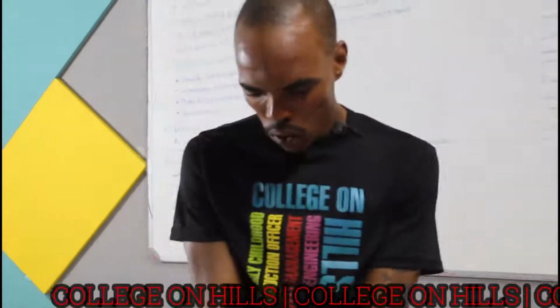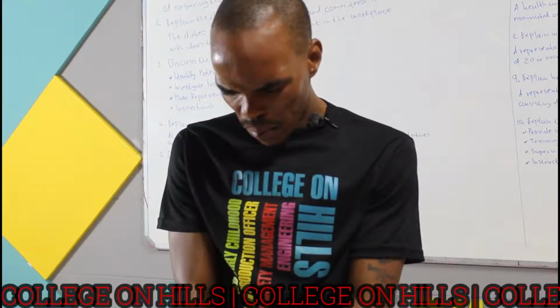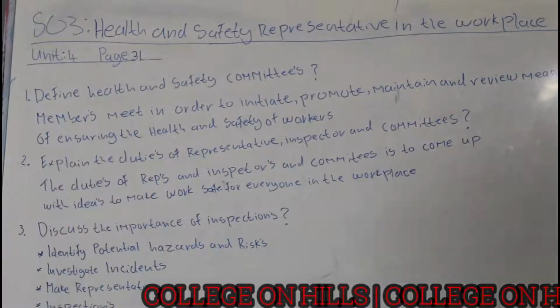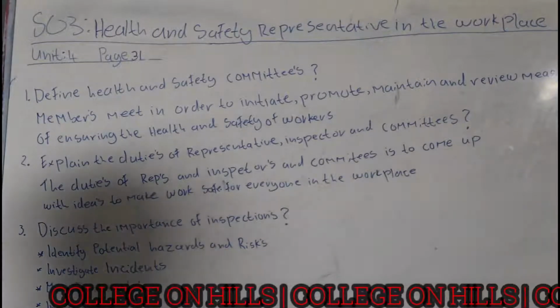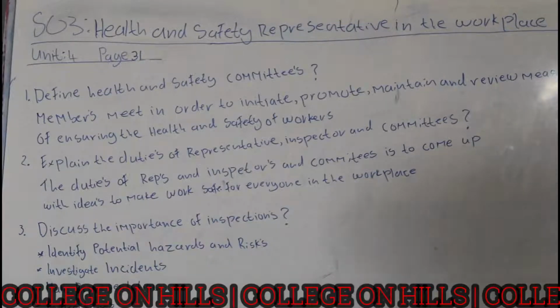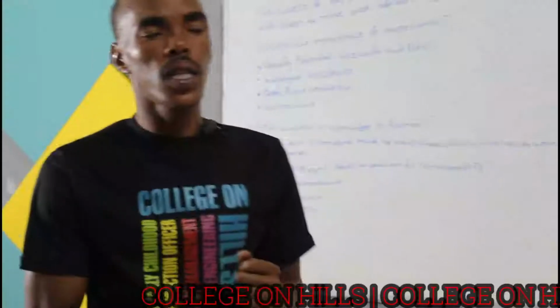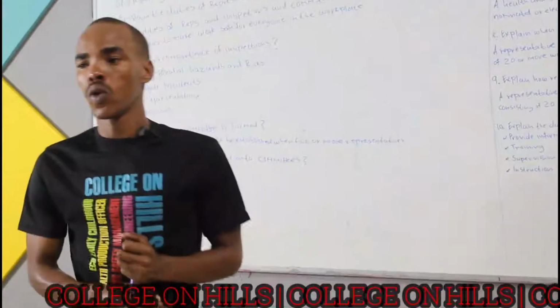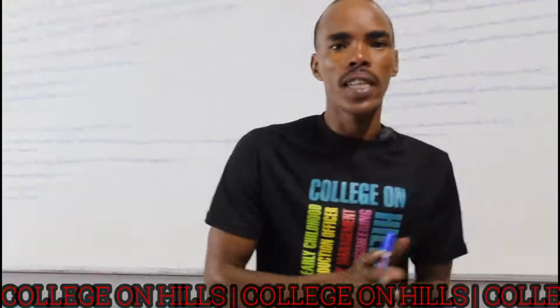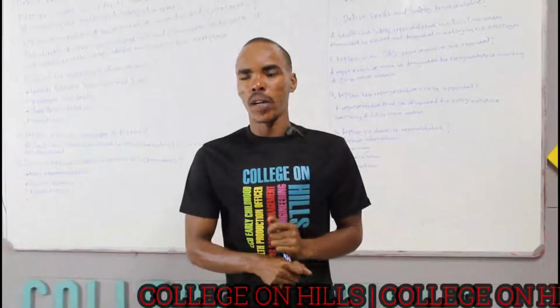Question number 4, discuss the importance of inspections. The importance of inspections is to identify potential hazards and risks. When in a workplace, it is very important to know how to identify and eliminate risks inside the workplace.